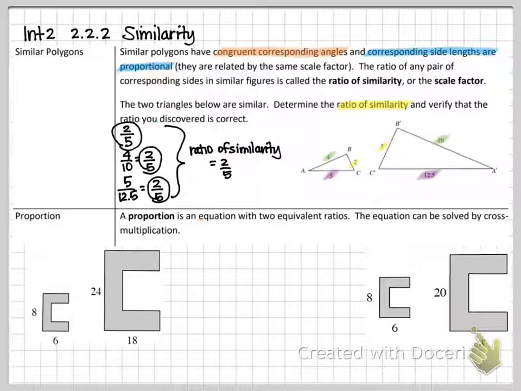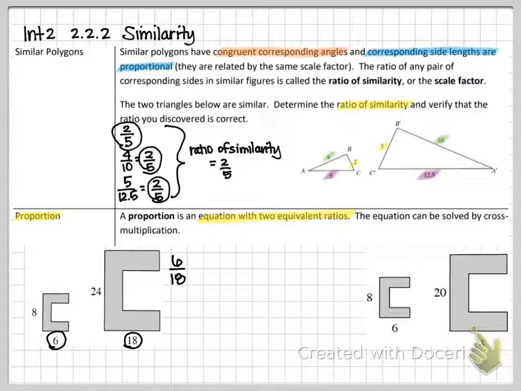Okay, so then a little bit more review of proportion, or this whole idea of ratio stuff. So a proportion is an equation with two equivalent ratios. So if we take a look at this example on the left-hand side, still doing the same thing that we just did in the previous question, we know that small goes with small. So we're going to put 6 over 18.